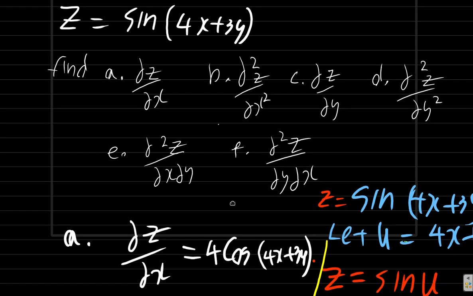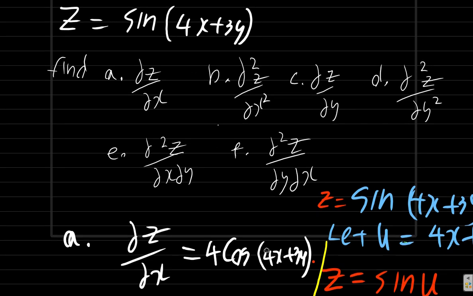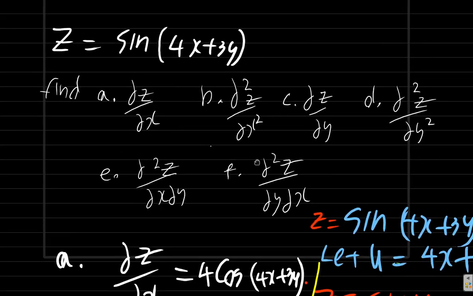This is multiplied by 4, yeah? So it is 4 cos 4x plus 3y. Nice. Good. What about del z by del y?